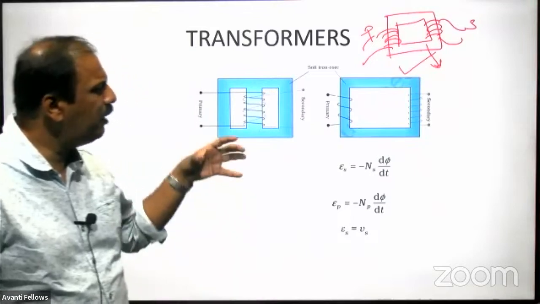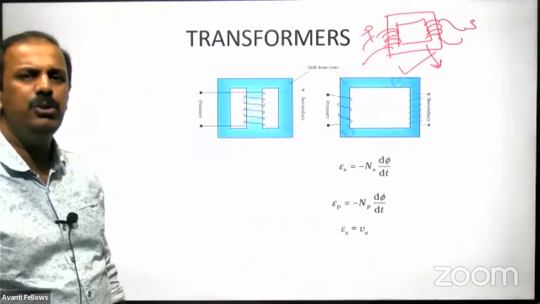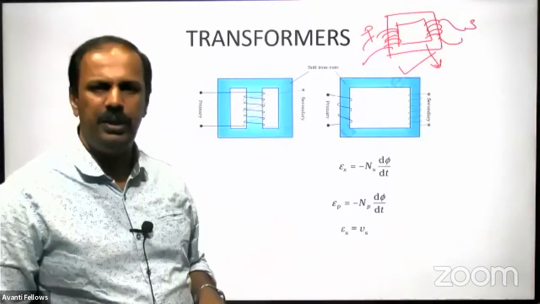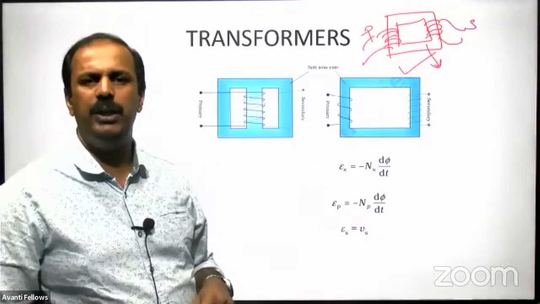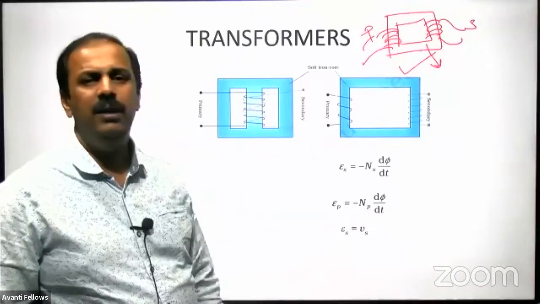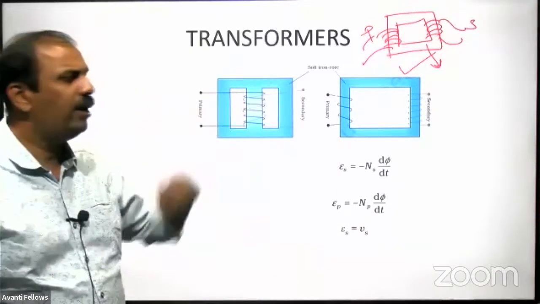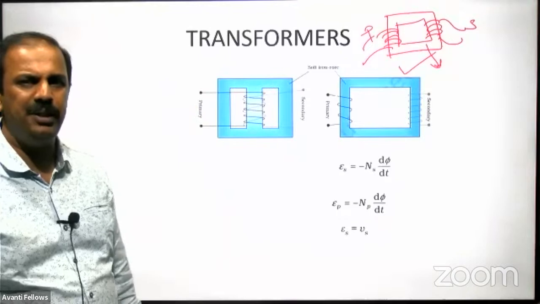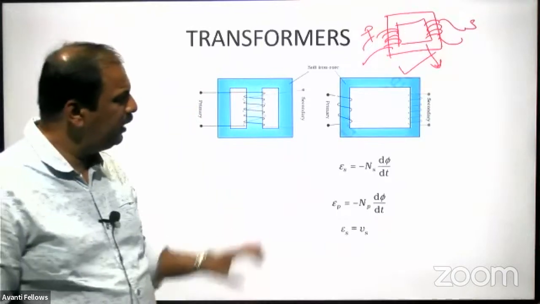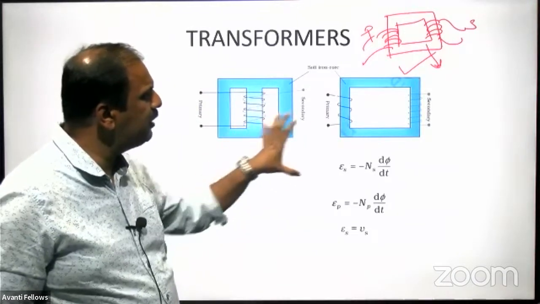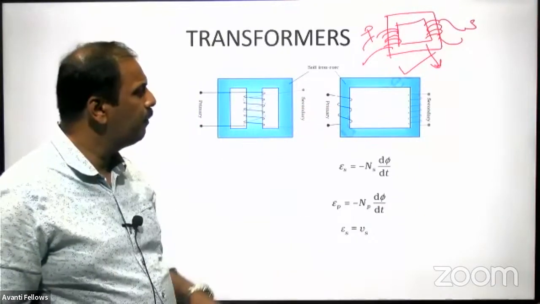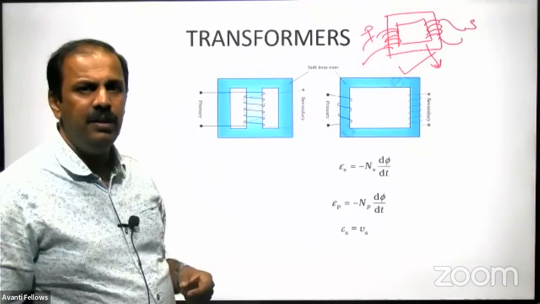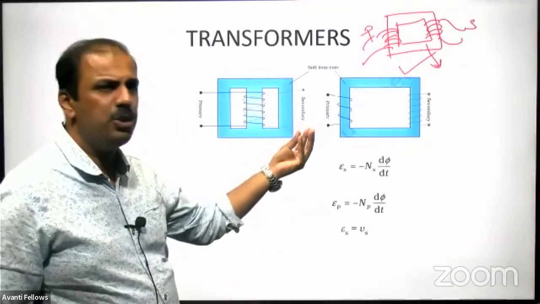The purpose of the transformer is to increase and decrease the voltage, using the concept of electromagnetic induction or mutual induction. You should be aware that transformers work with AC only, not DC, because there should be a varying current.